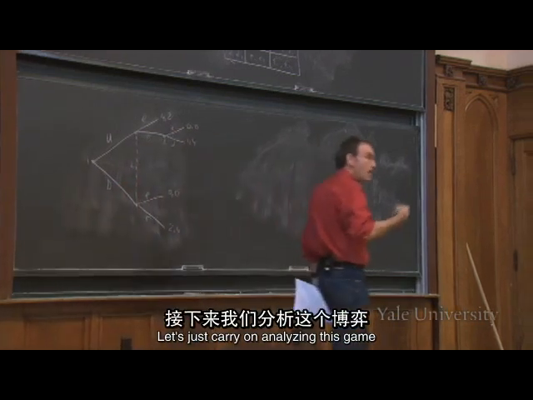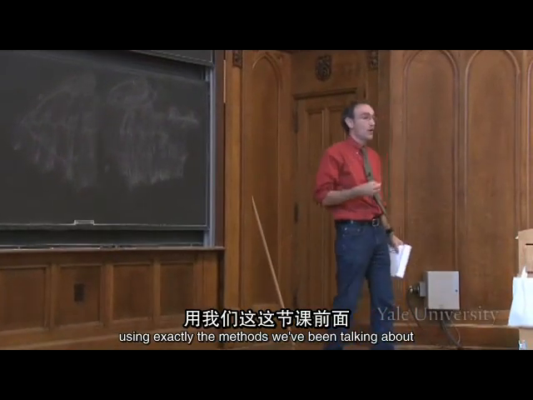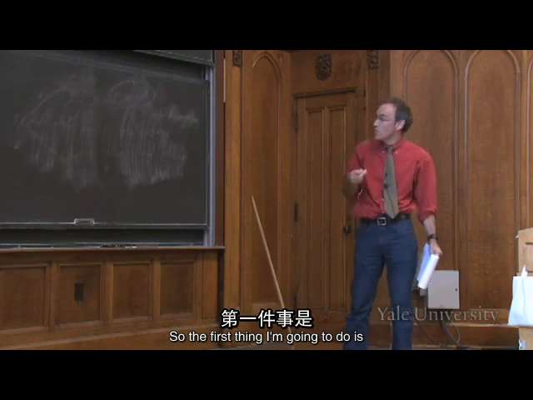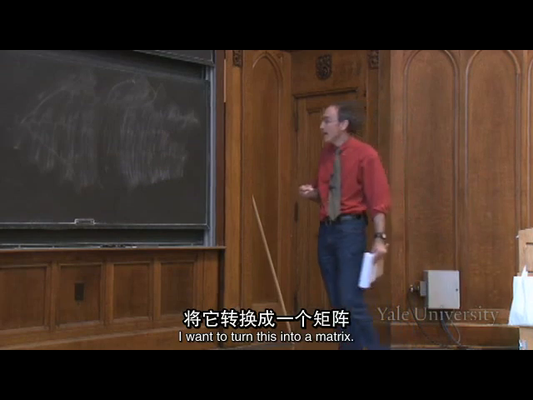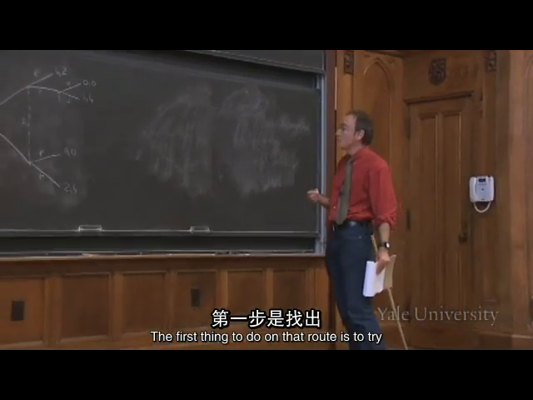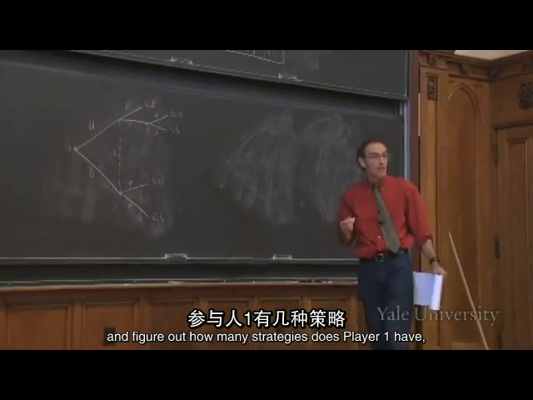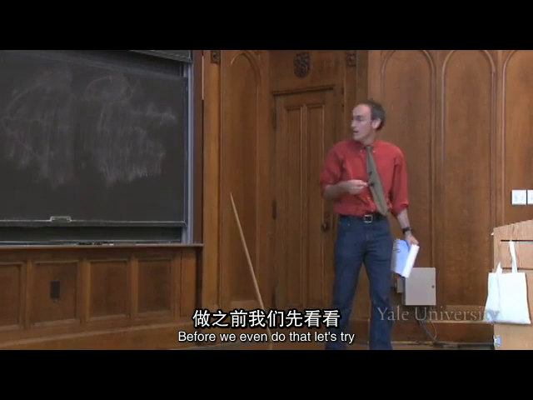All right, let's just carry on analyzing this game using exactly the methods we've been talking about in the class today so far. So the first thing I want to do is turn this into a matrix. And the first thing to do on that route is to try and figure out how many strategies player 1 has and how many strategies player 2 has.